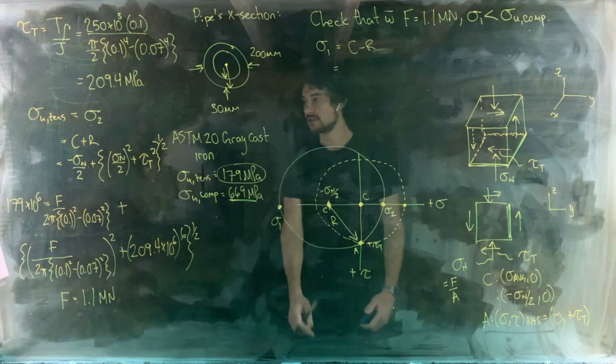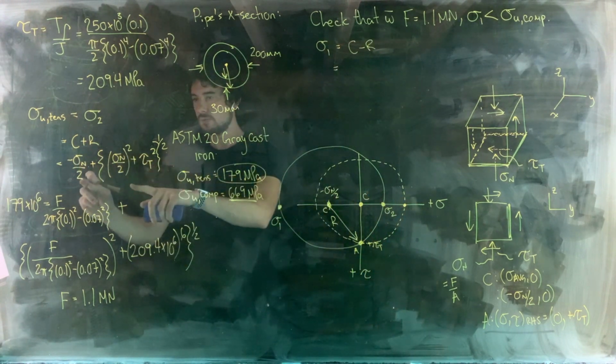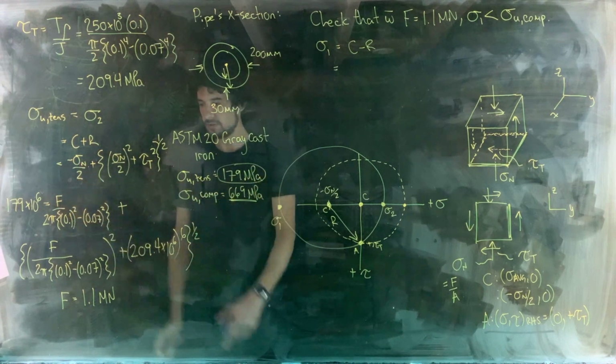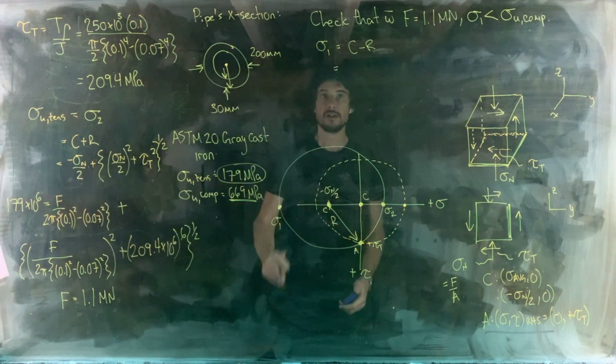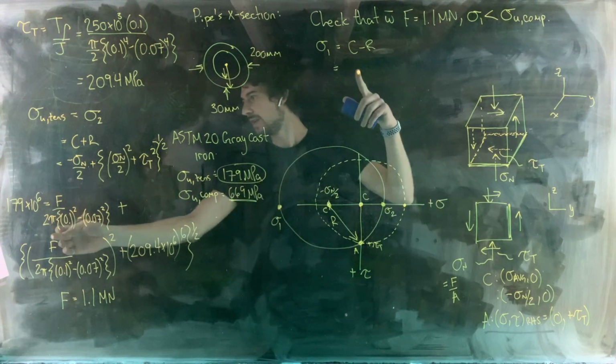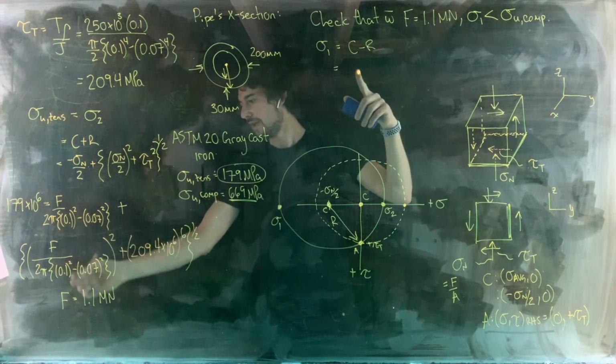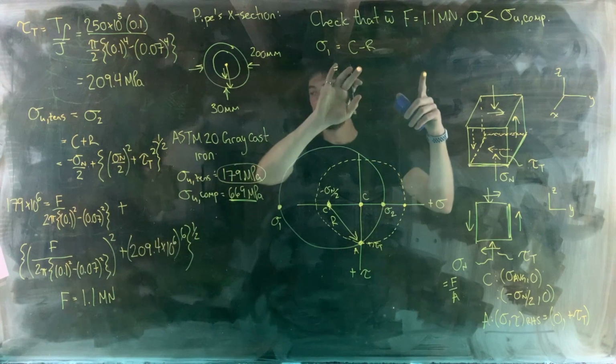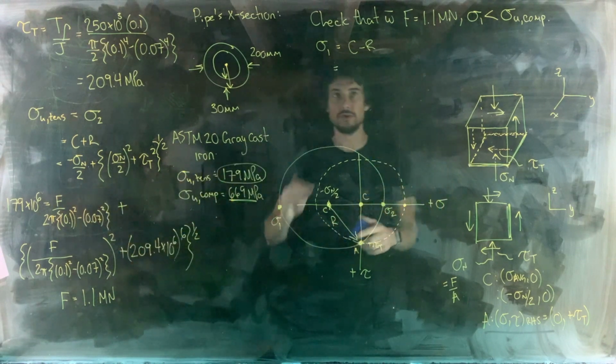Okay. So C plus R was right here. So we just do C minus R. So take the same thing here and put it up here, but with F equal to 1.1.